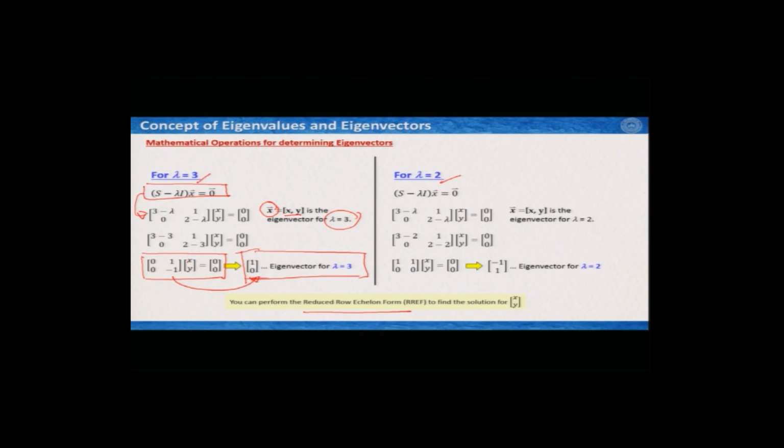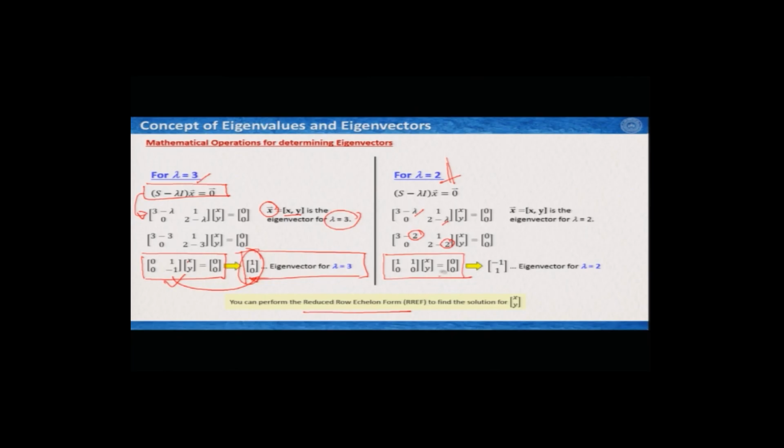In a similar way, we found that it was 1 0 for lambda 3, the eigenvector. Then for lambda 2, eigenvector 2, we can similarly replace the lambda value in this equation by 2, here and here, replacing this lambda and this lambda, and then we see an equation similar to the one we derived here.